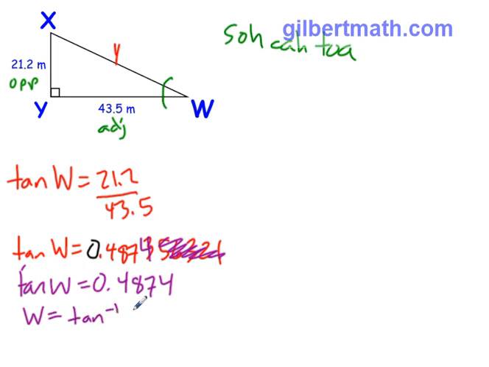Remember, you hit the second button on your calculator or the shift button, depending on how your calculator works. So we're doing inverse tan of 0.4874. I type that in, and I get that W equals 25.98 degrees, or 26 degrees.